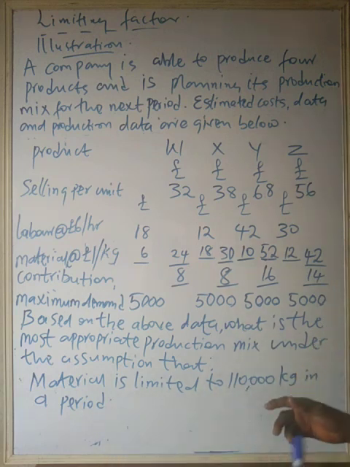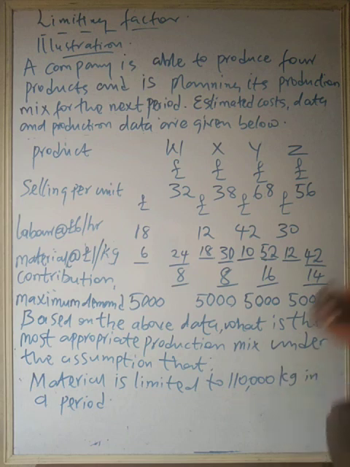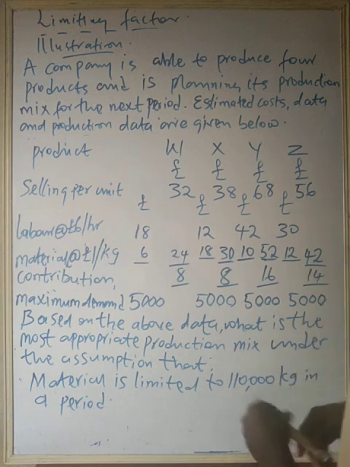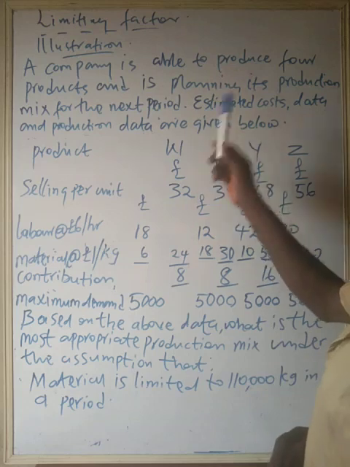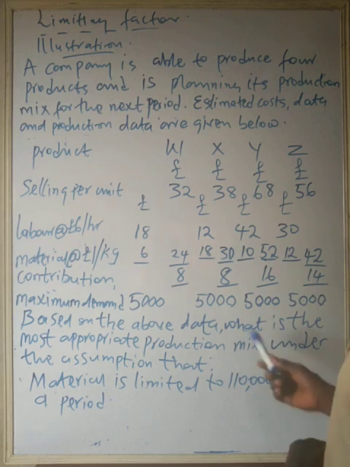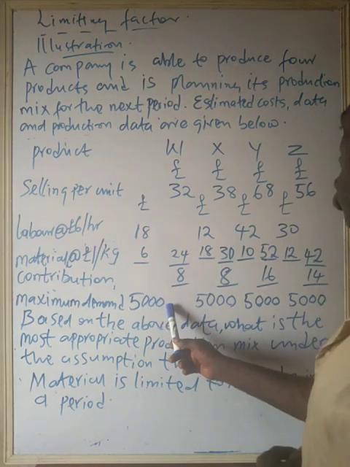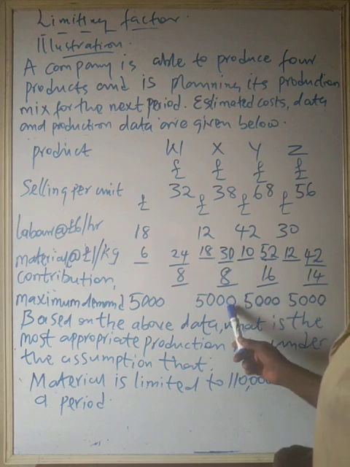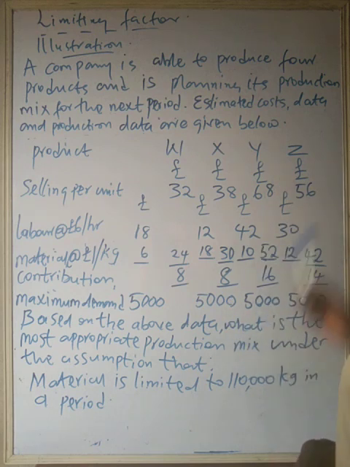That is, the material available for the company to produce all these products W, X, Y, Z is 110,000 kg. But will it be enough to produce 5,000 units of W, 5,000 units of X, 5,000 units of Y, 5,000 units of Z?